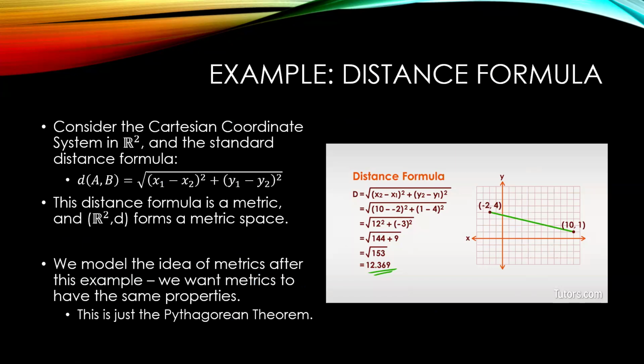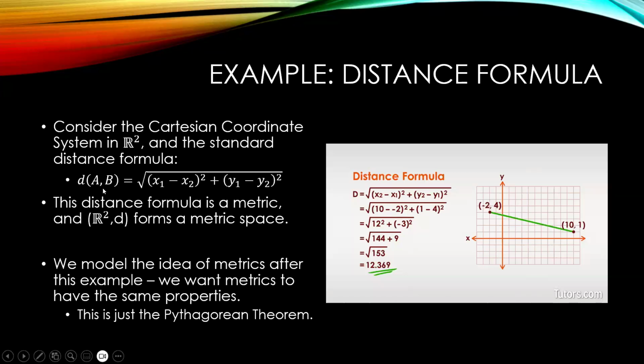Let's do the distance formula. The distance formula is a standard example in R2, and it's something that most Algebra 1 students are required to memorize for some reason. So consider the Cartesian coordinate system in R2 and the standard distance formula. And so in this case, we would say point A is (x1, y1), and point B would be (x2, y2).